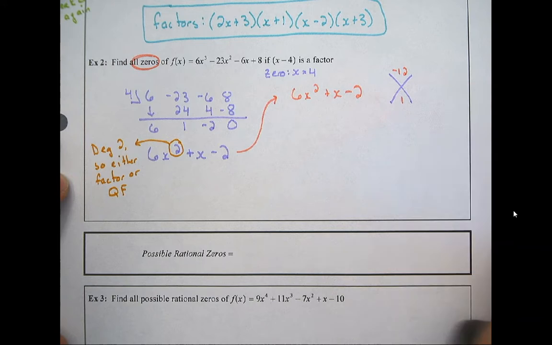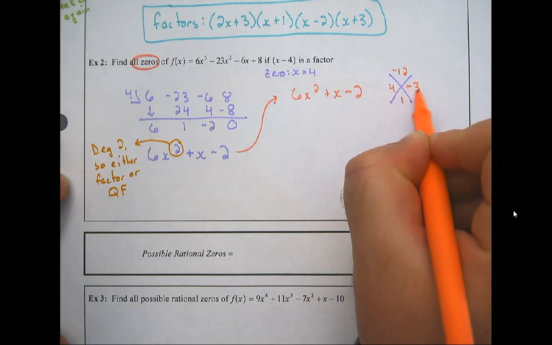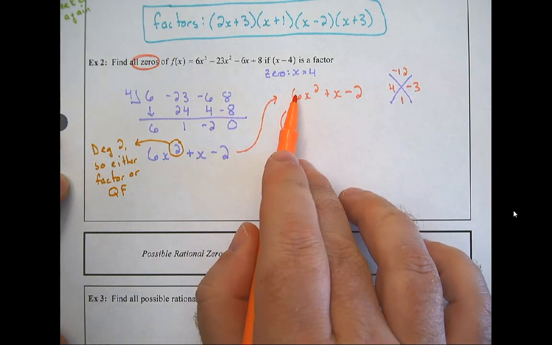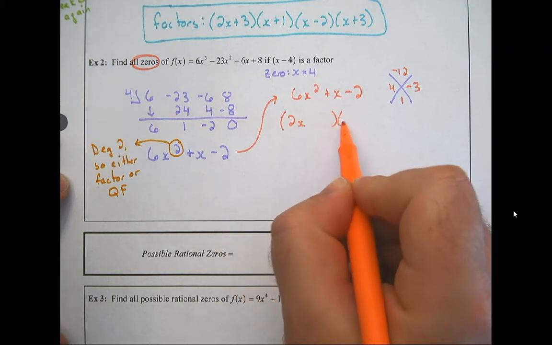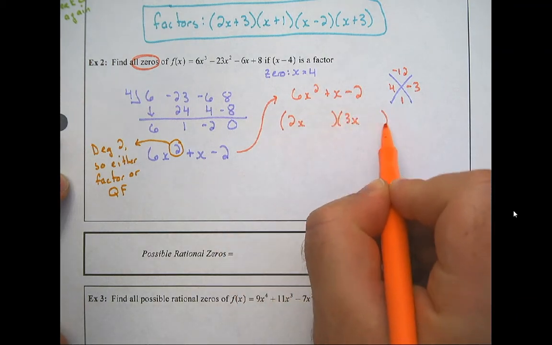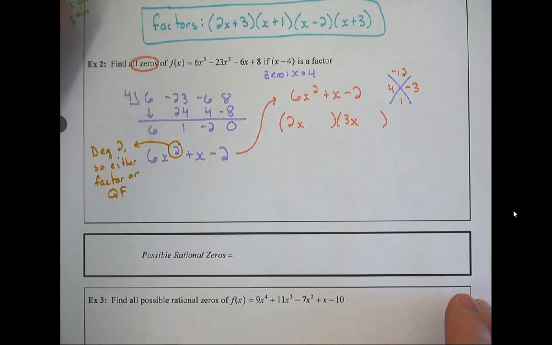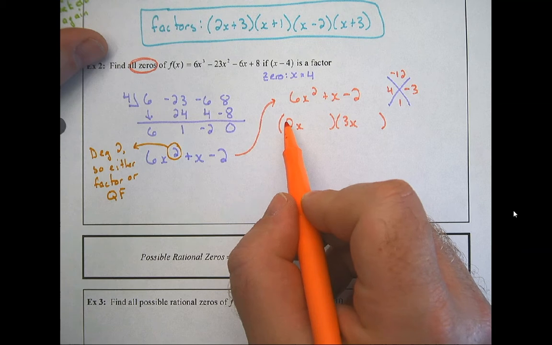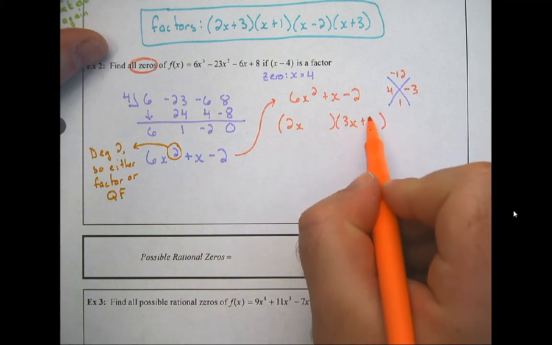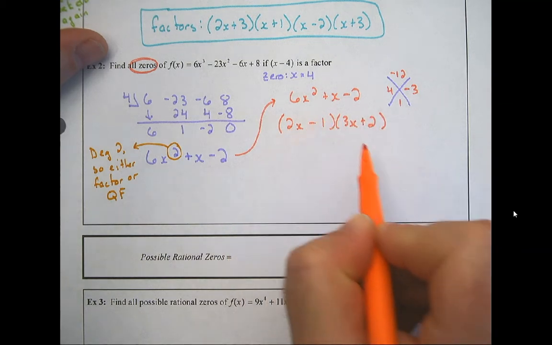That makes 1. Yep, that works. 4 and -3. Okay, so 6 and 1 won't work because it won't build either of those, so I've got to go with the old 2 and 3. If you don't remember how to factor, go back and look at 0.2 or 0.3 notes. Being able to factor is a big deal in this class. That's going to make the 4. That's going to make the -1.